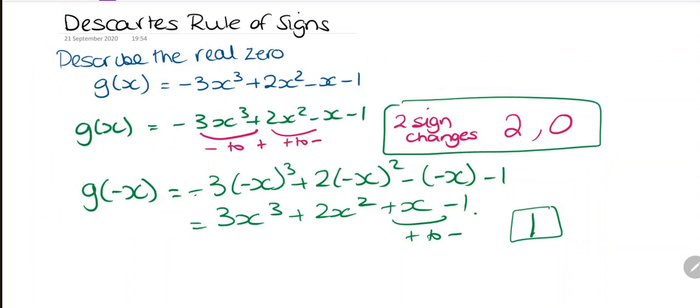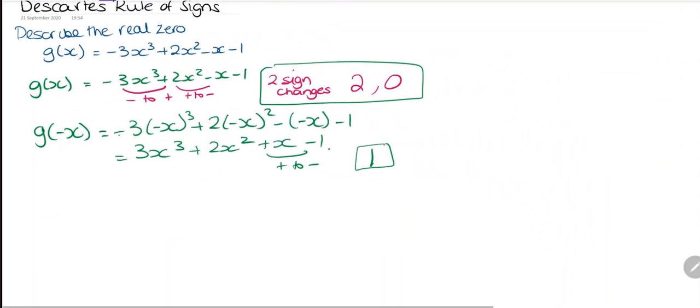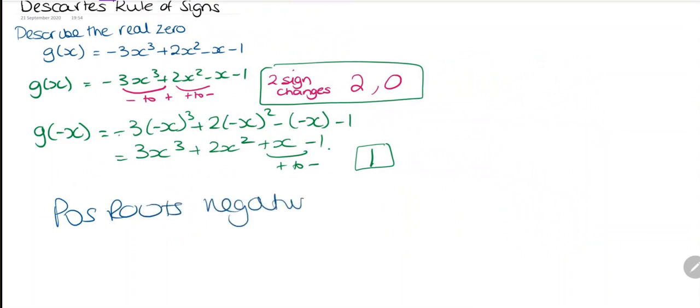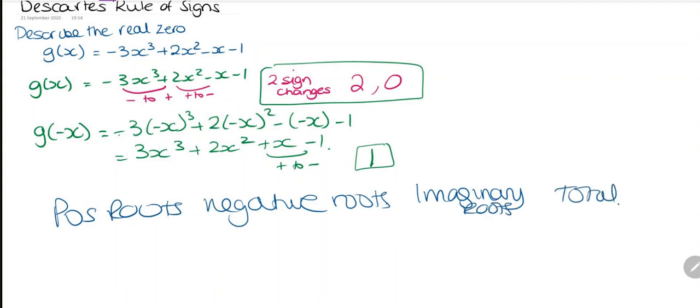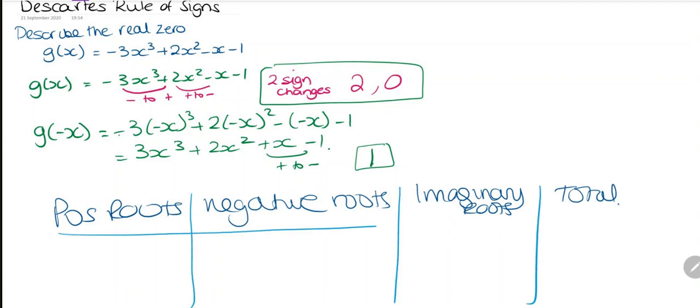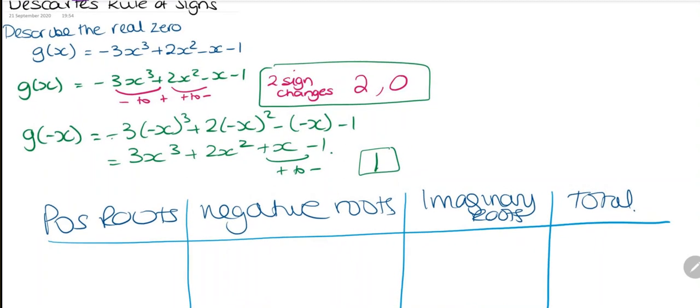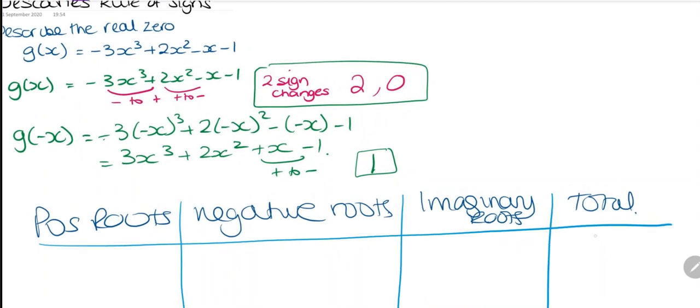Now if we were to draw a table for this, we have the positive roots, negative roots, zeros or imaginary, and the total. This is power 3, so the total roots that we could have is going to be 3.